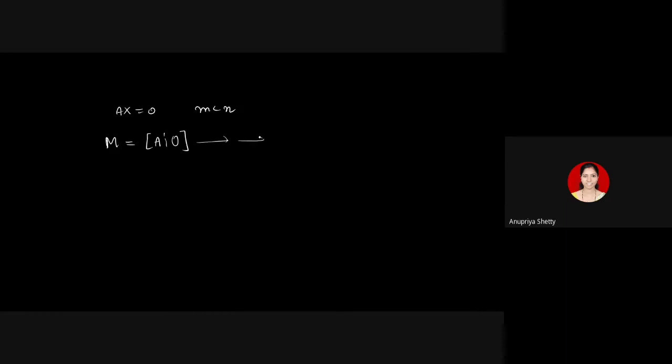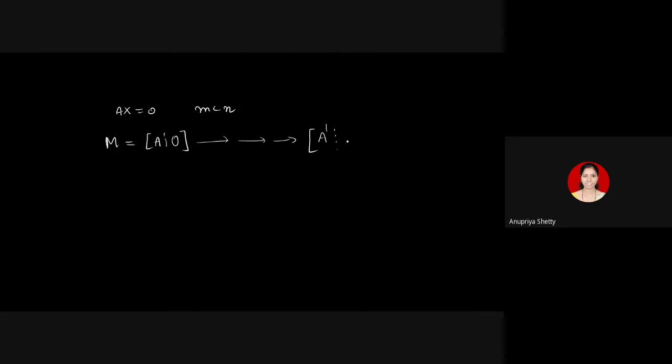Then I have to apply a sequence of row operations, right? Sequence of row operations and reduce it to the row echelon form. Row echelon form, what is a row echelon form? You apply row operations. Remember, column wise, we don't apply any operations here. We apply operations to the rows. You multiply a row with some scalar, or you add a scalar multiple of a row to another row, or you interchange two rows. Okay, all those three operations are allowed.